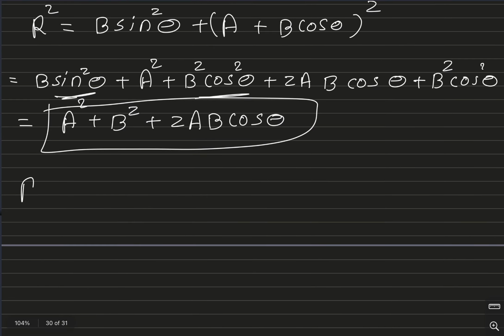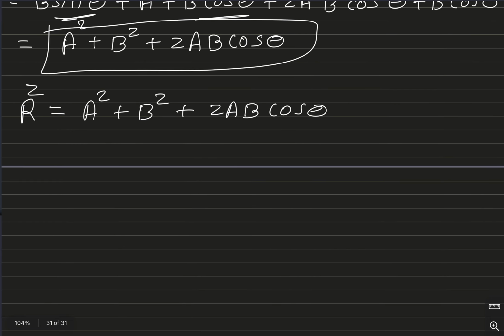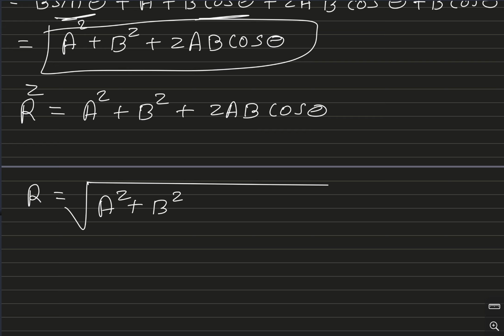When you find the resultant when the two vectors are not perpendicular to each other, you use this formula: R square is equal to A square plus B square plus 2AB cos theta. When you remove the square on the LHS, R will be under root A square plus B square plus 2AB cos theta.